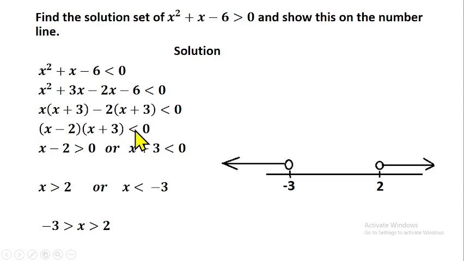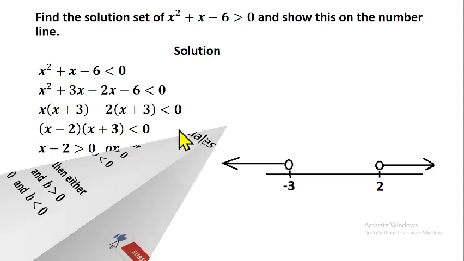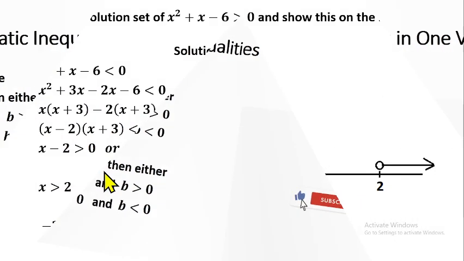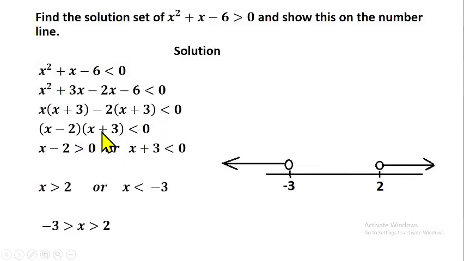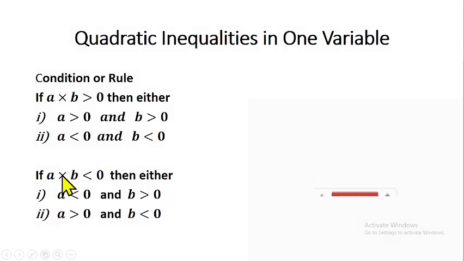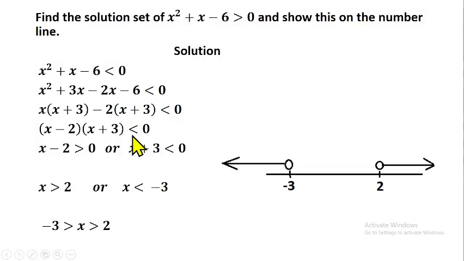Now since you're having less than 0 here, let's go back to the condition. Anytime you're having the two brackets multiplying themselves less than 0, look at it now. These two brackets now represent this, A times B less than 0. Look at it. These two brackets are less than 0.